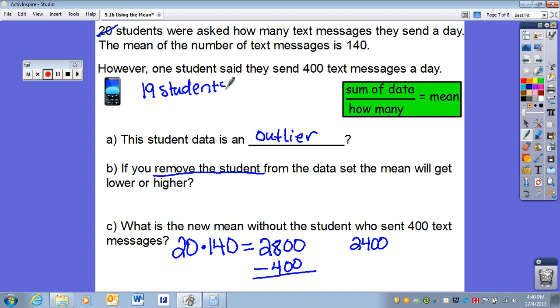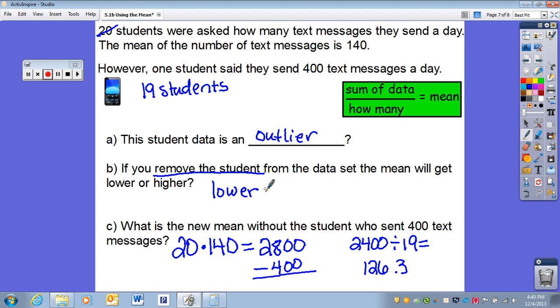So let's find our new mean. We'll take the new amount of text messages, 2,400, and divide it by 19 this time and see if our mean went up or down. So when we divide, we get an answer of 126.3 text messages. Our mean is lower.